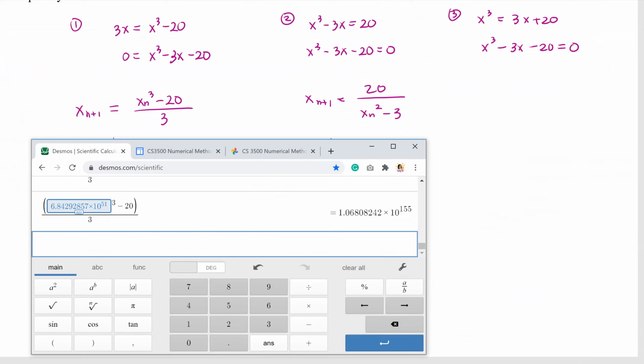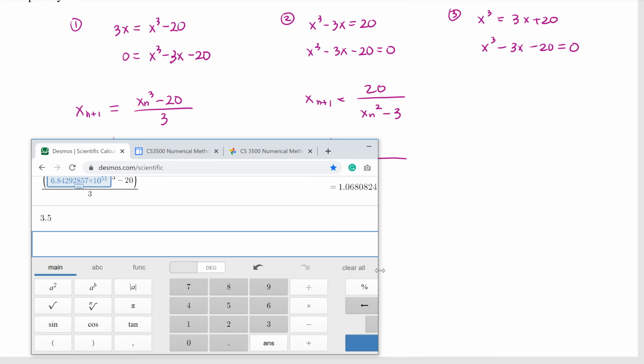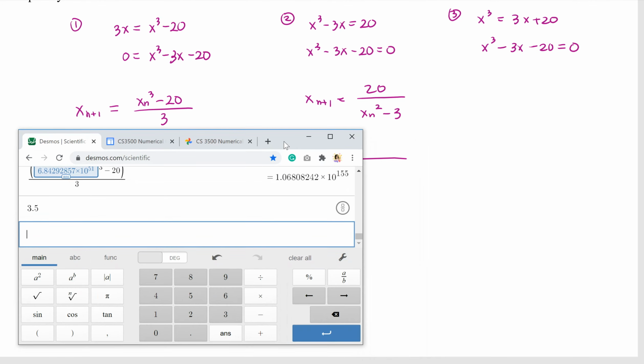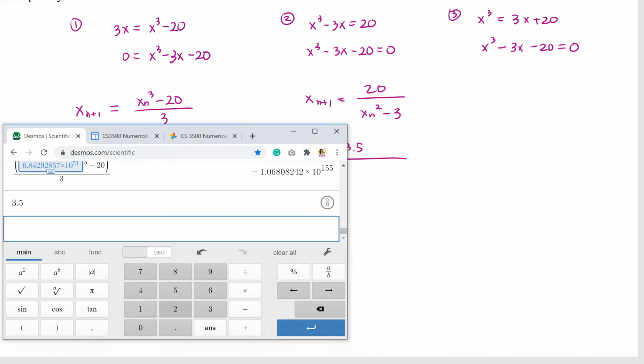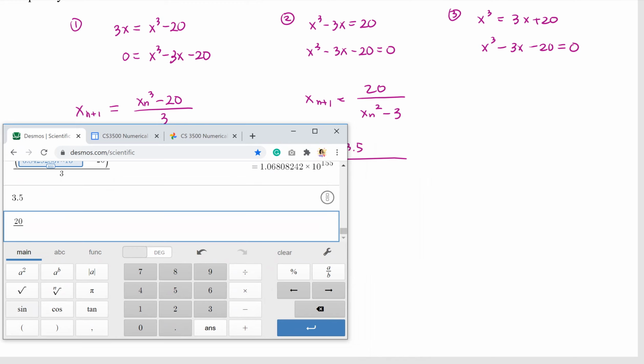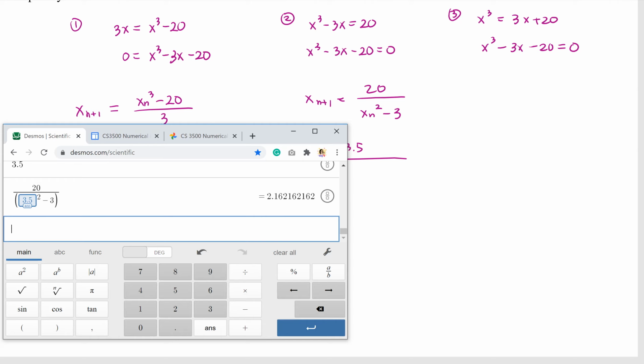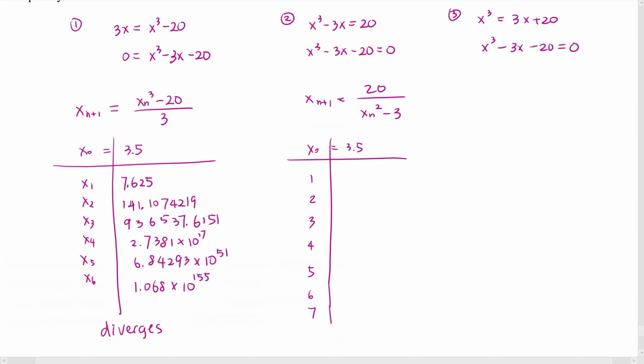Then let's see. We have 3.5. And then we have 20 over parentheses answer squared minus 3. Okay, enter. 2.162162162.